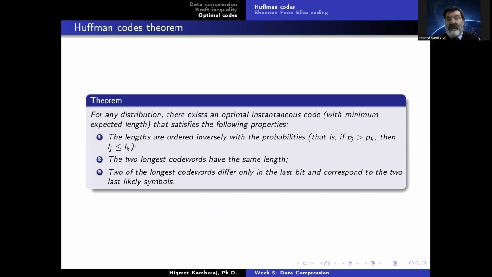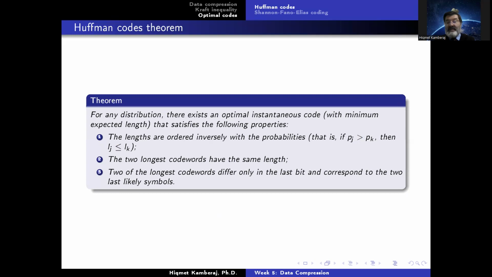Next, we are going to talk about the Huffman codes. First, we give the Huffman code theorem. For any distribution, there exists an optimal instantaneous code with minimum expected length that satisfies the following properties. The lengths are ordered inversely with probabilities.